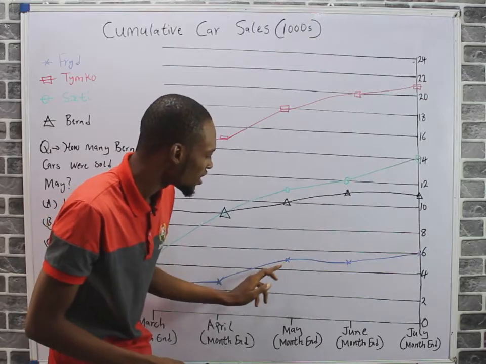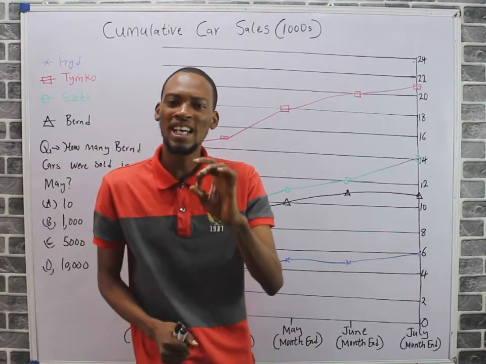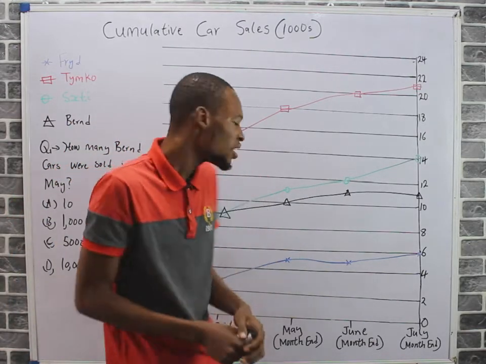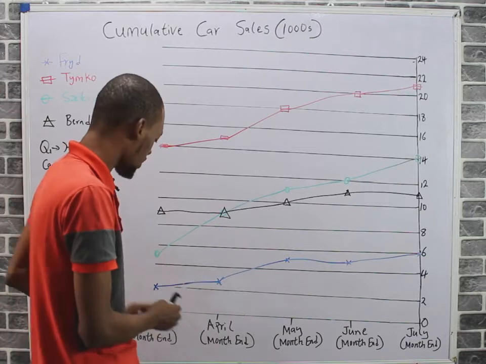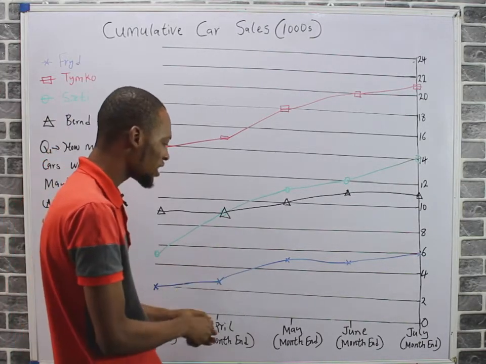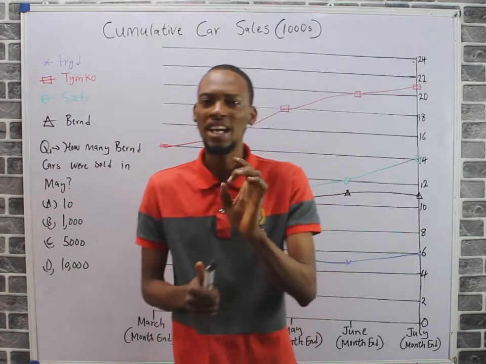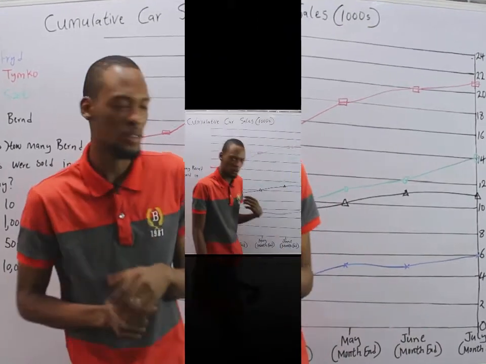Now, if this is the sales for May, it doesn't mean that was the amount sold in that May. It means from the time we started tracking, till March, to April, to May, this is how much we have sold. That is what cumulative is about.